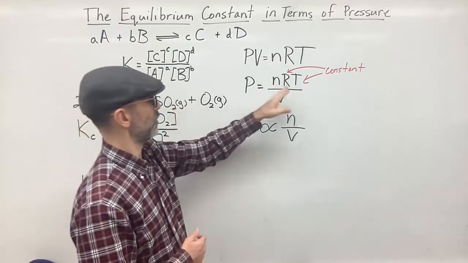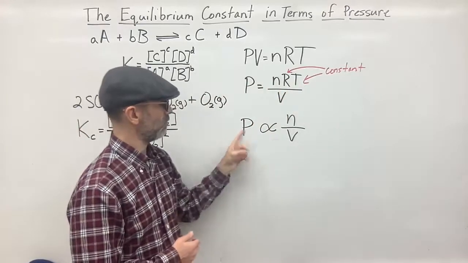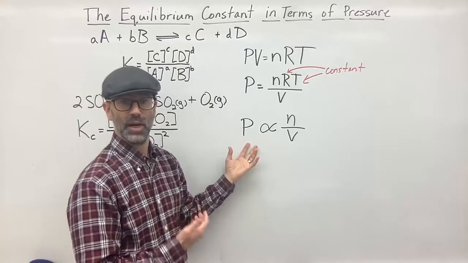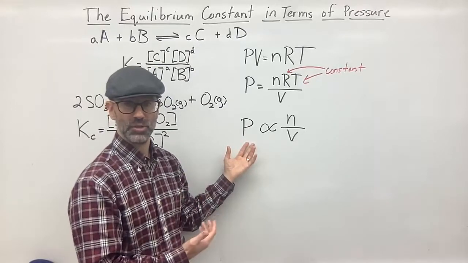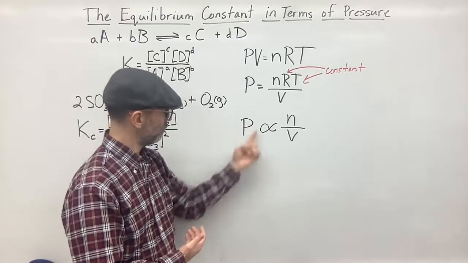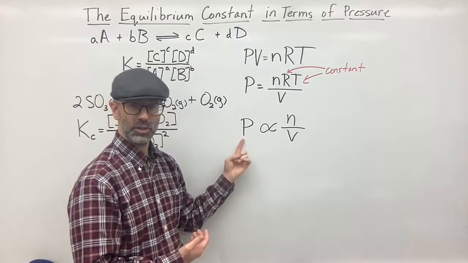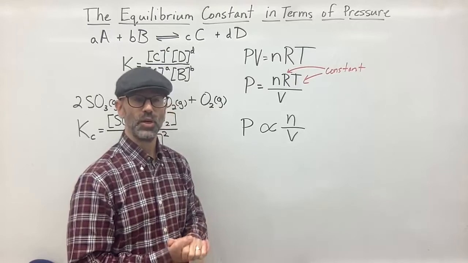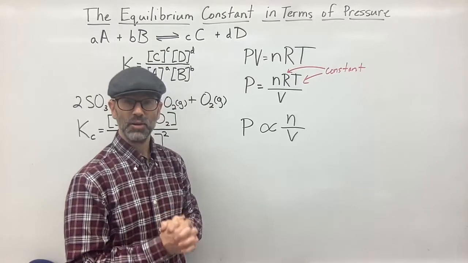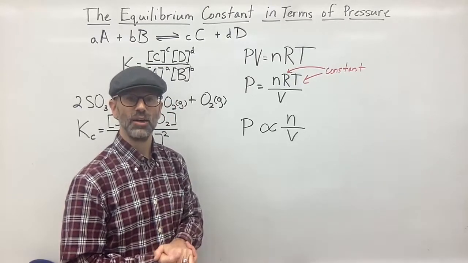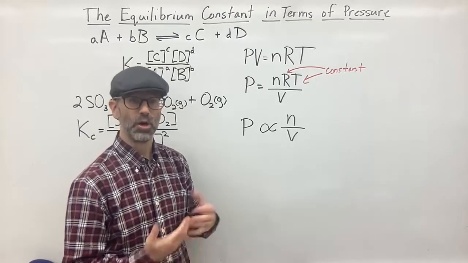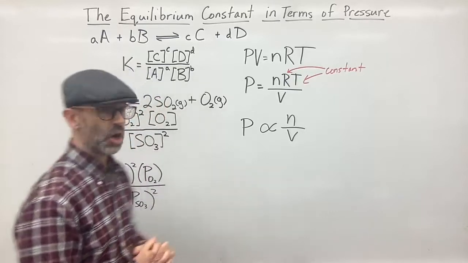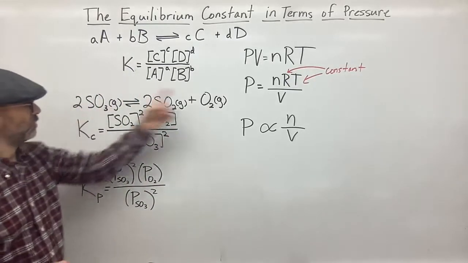So if we remove the constants, then we have a proportionality, and we can see that the pressure of your gas, or whatever substance you're dealing with, if it's a gas, is proportional to the concentration. So we can write our equilibrium constants in terms of pressures or partial pressures of the substances we're dealing with here.